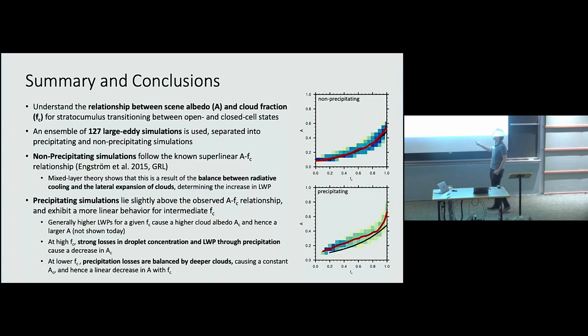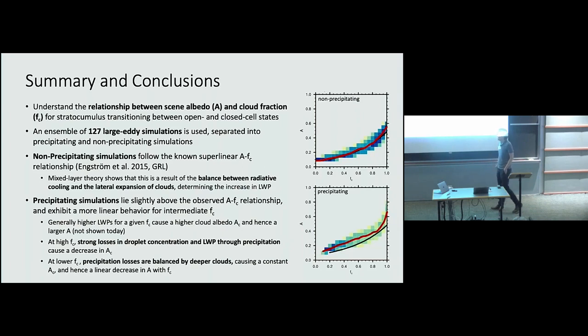For the precipitating stratocumulus, we have shown that the results lie slightly above the observed AFC relationship, and it exhibits a slightly more linear behavior for intermediate cloud fractions. We have generally higher liquid water path for a given cloud fraction because the clouds contain a little bit more liquid water than in the non-precipitating case.